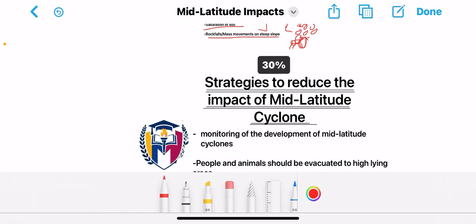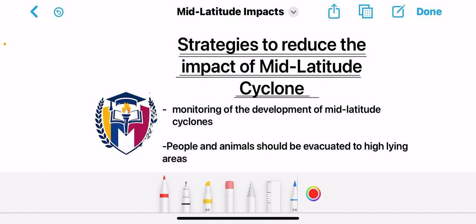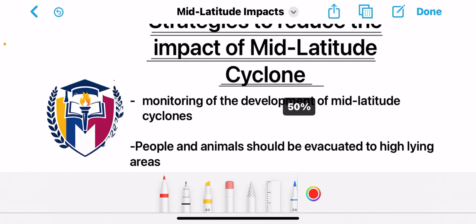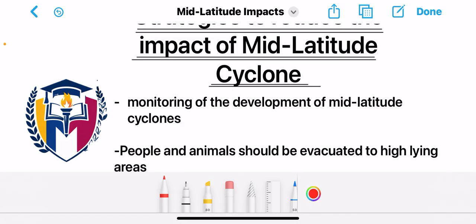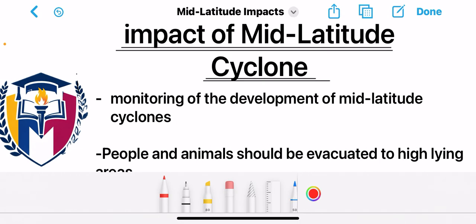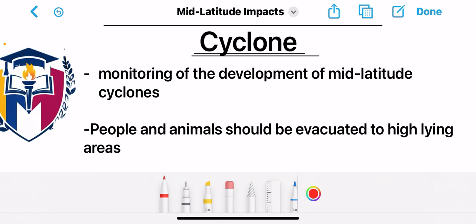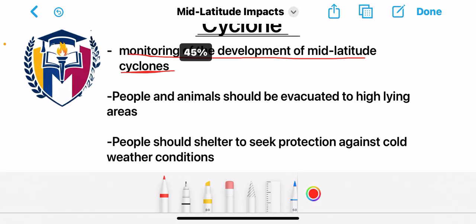Okay, now let's go to the strategies to reduce the impact of mid-latitude cyclone. Remember, wherever you did not understand, you pause the video, you rewind and ask questions in the group. The first strategy is monitoring the development of a mid-latitude cyclone.